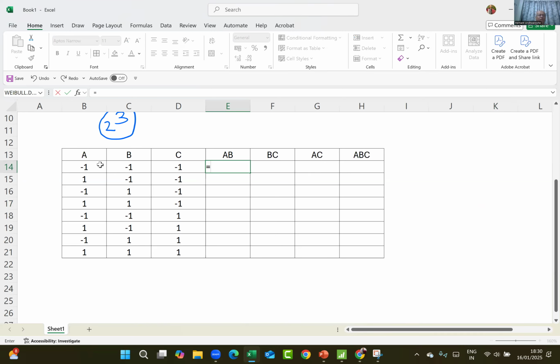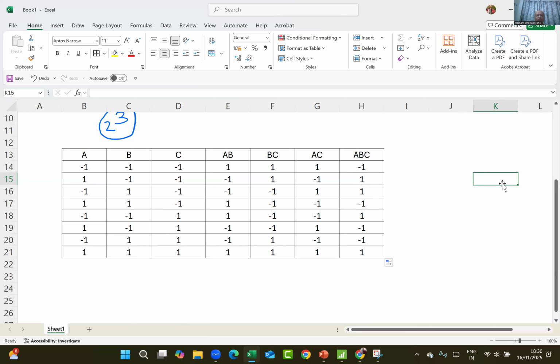AB sign will be A star B. BC sign will be B star C, B into C. AC sign will be A into C, A star C. And ABC will be multiplication of the three. So I can say B into AC or any. And I copy this to get signs of all the main effects as well as interactions.